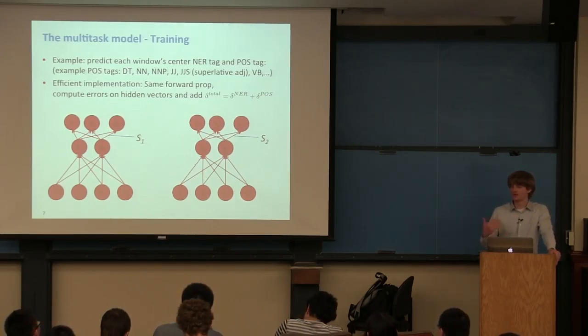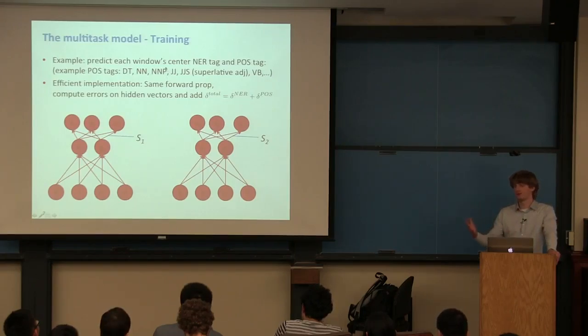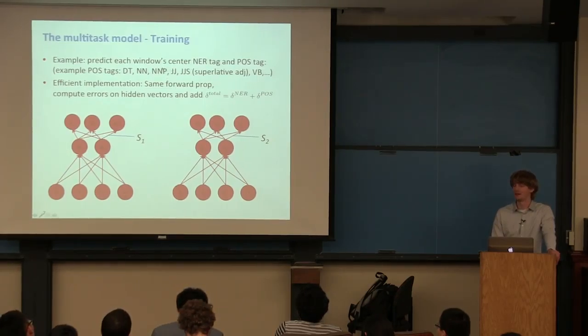You have determiners, for instance, like a and the and this. You have nouns, which are abbreviated as N. You have proper nouns, NNP, like Richard or Ethiopia and so on. You can see they are very related to named entities, right? Most named entities probably also have NNP as the part of speech tag that is assigned to each word.